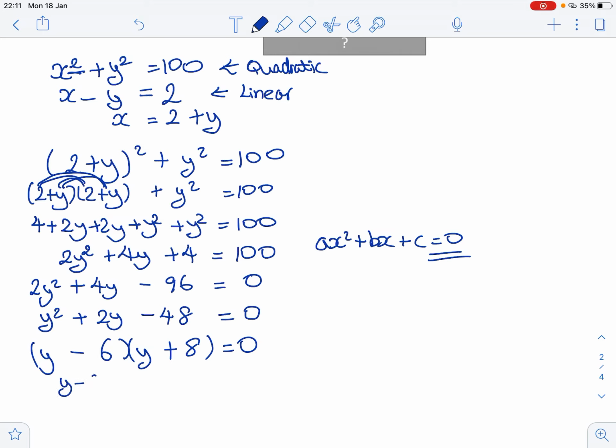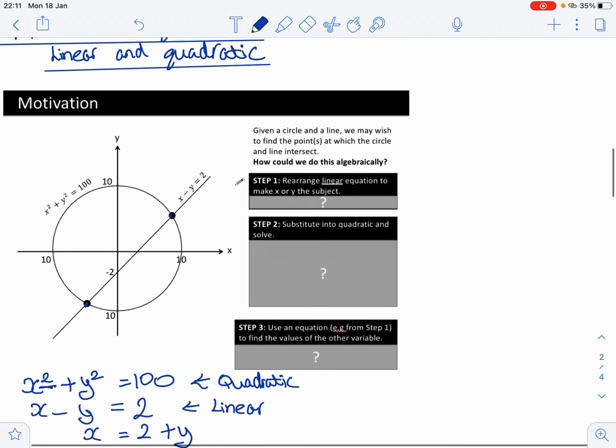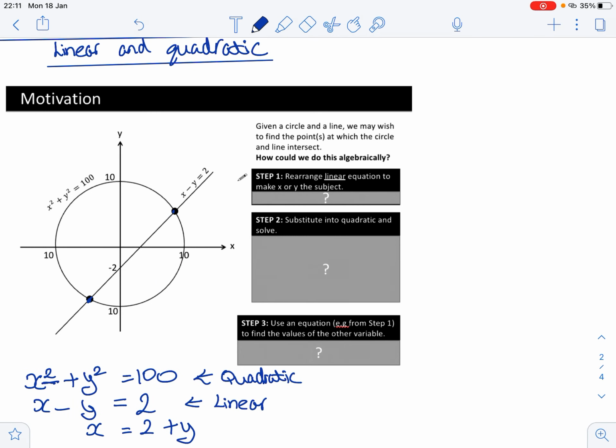So y minus 6 equals 0, or y plus 8 equals 0. My y could either be 6, or y could be minus 8. So we have two coordinates. Therefore, I have two values for x and two values for y.